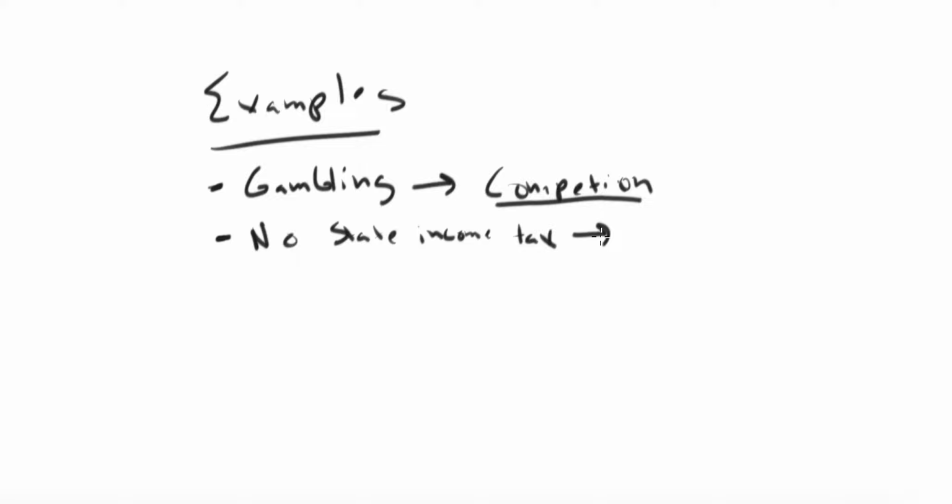So in some ways it might be a wash, but at least these states with no state income tax can try to bring in talent. They can get people who want to move there and work there because they have a lower tax burden and the cost of living is then lower. So that would also be competition.